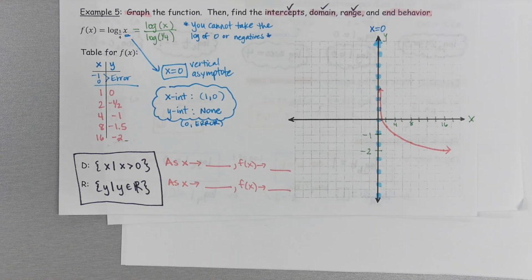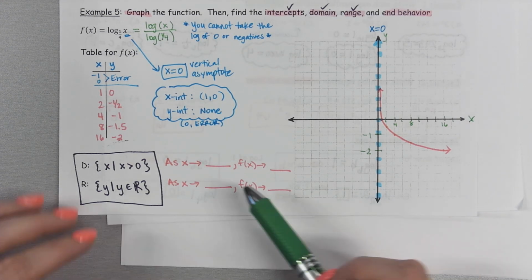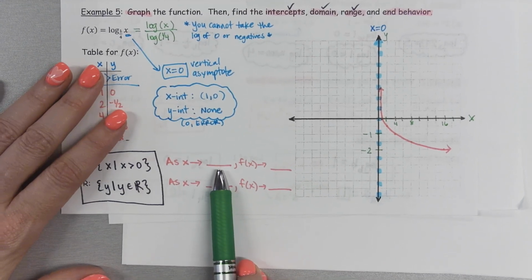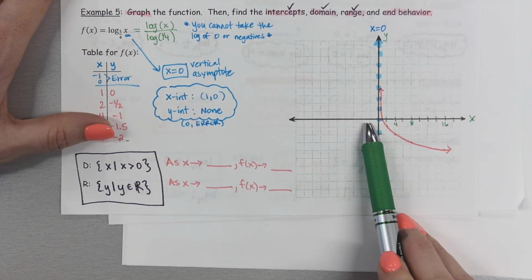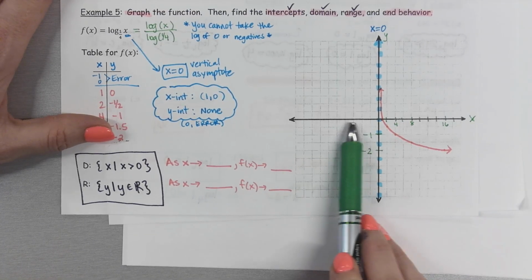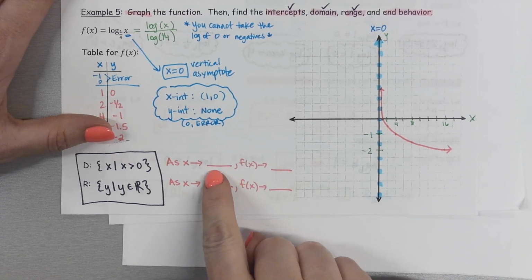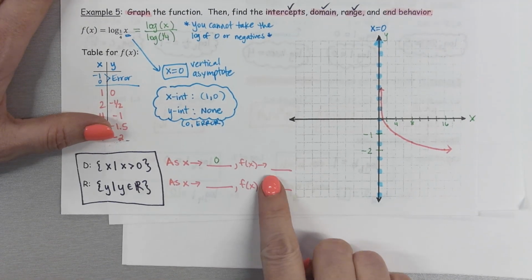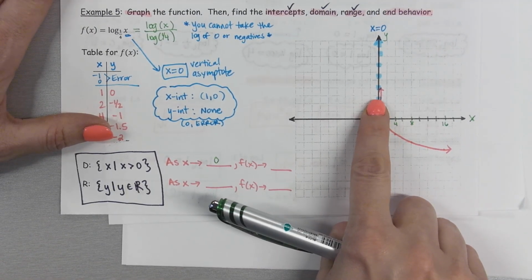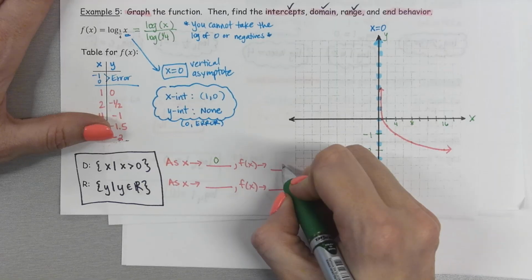Okay, so before we always would look at the left and the right side, because the x values would get very small. But here, the x values are never going to go past this line. It's never going to go to negative infinity. So instead, we say as x goes to 0, f of x is going to go, if the arrow is pointing up, to infinity.